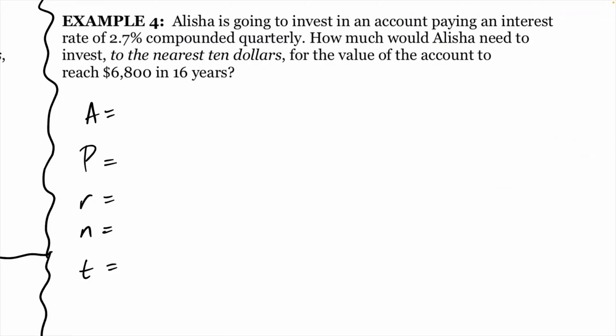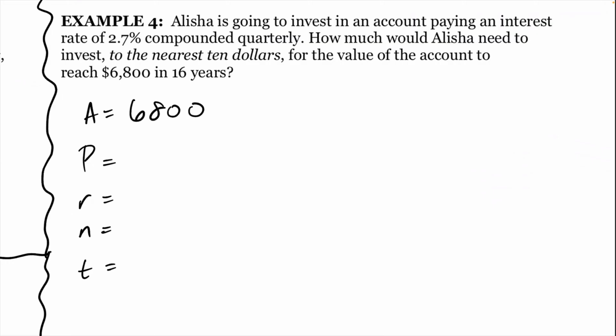Do we know her end goal? Or, yeah, Alicia's end goal? Yes, we do. Her end goal is to have $6,800. Do we know how much she's going to start out with? No, question mark.